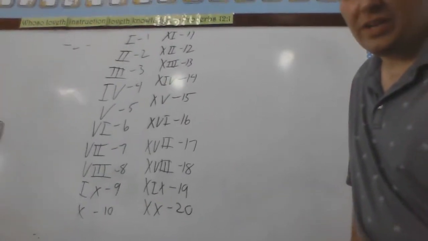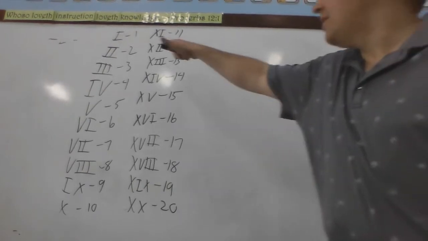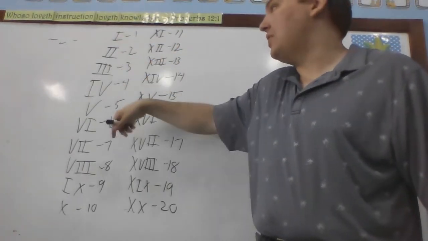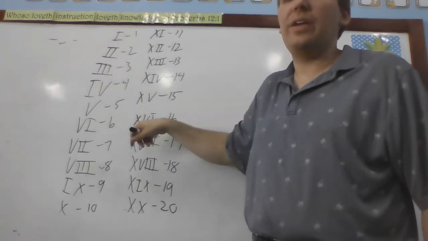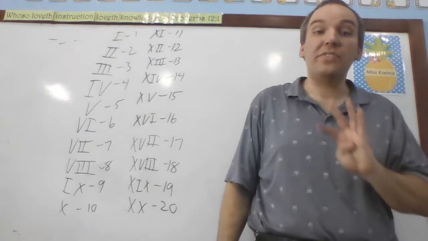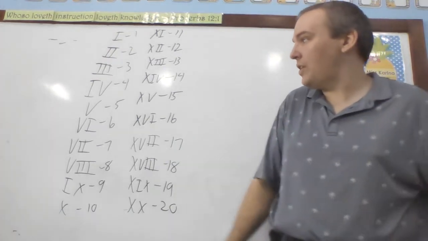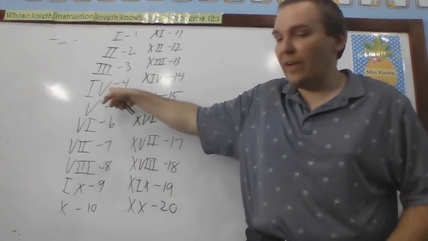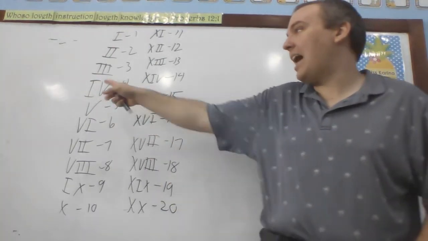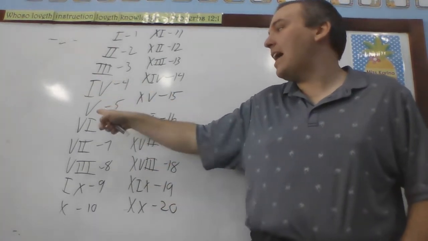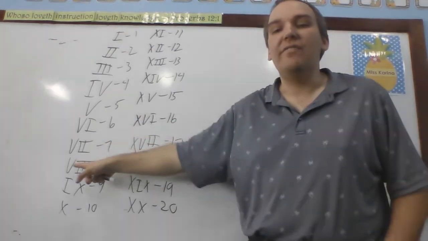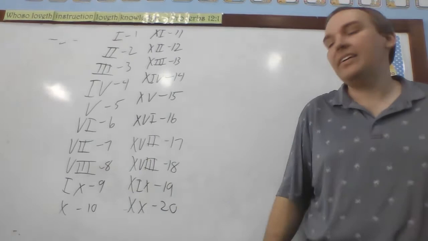So, you see on our board here, I is 1, II is 2, III is 3, but you can't have four I's at the same time. So their version of 4 is 5 minus 1, IV. V is 5, VI is 6, VII is 7, VIII is 8.